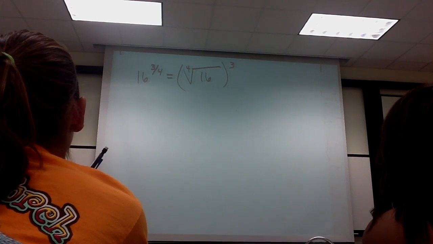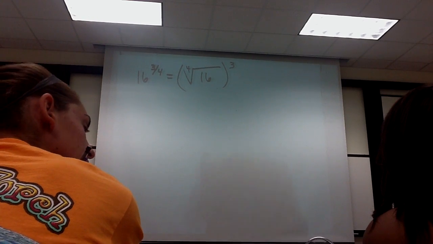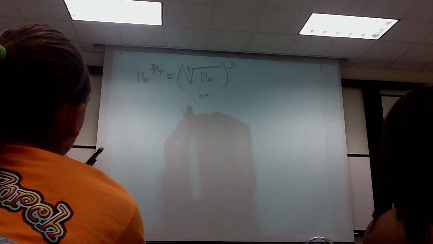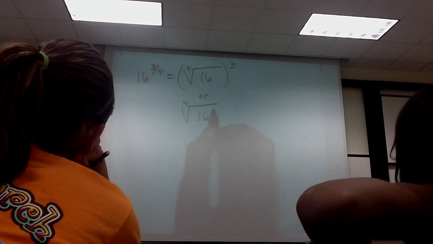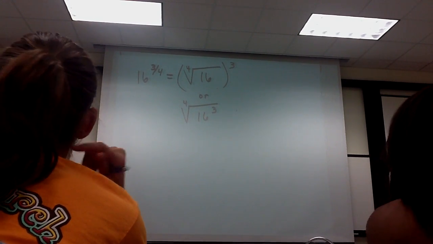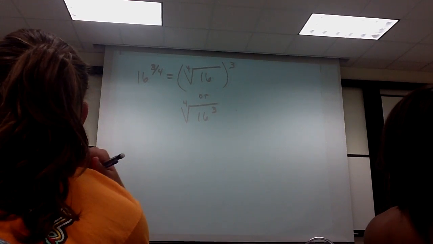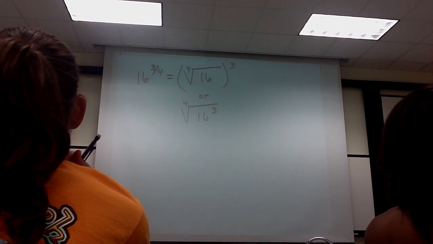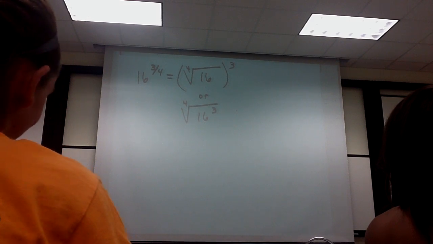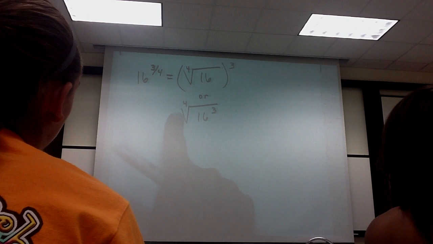Now, ladies and gentlemen, this is probably the way you want to do it. Otherwise, think about this. The other option means I got to take 16 to the 3rd power, and we know 16 to the 3rd power is a big number, then I got to take the 4th root of that.